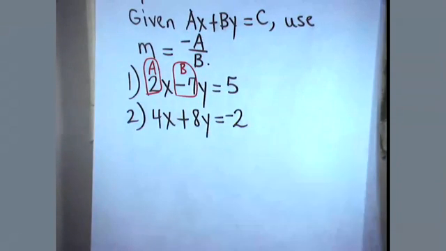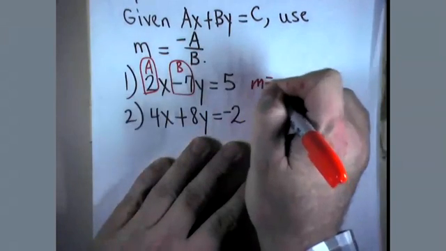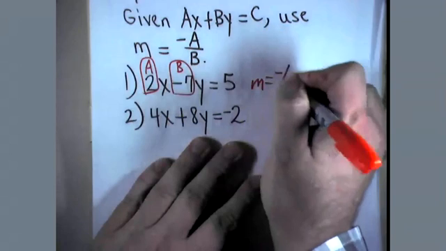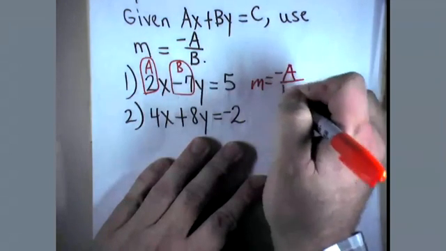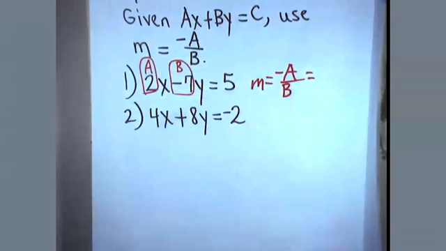So let's write down our slope formula. M is equal to negative a over b. That negative sign is part of the formula, so don't leave it out. A is 2, but it's negative according to the formula.